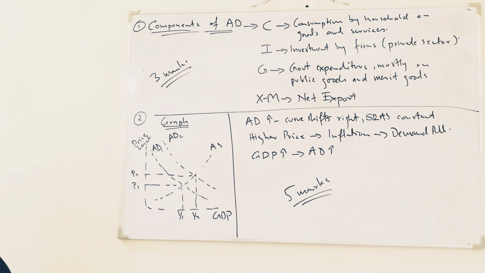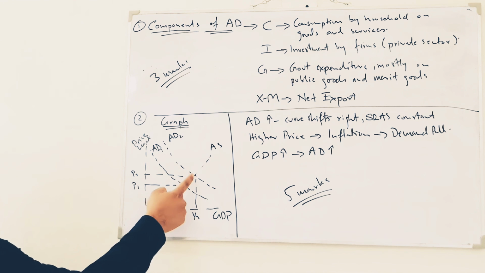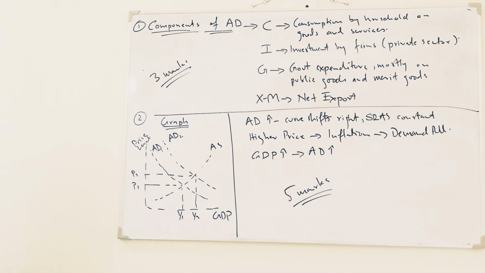As a result, your aggregate demand curve will shift to the right. When your aggregate demand curve shifts to the right and your aggregate supply curve remains constant, after the shift the price level is going to increase at the new equilibrium point, and at the same time your economic output will also increase.